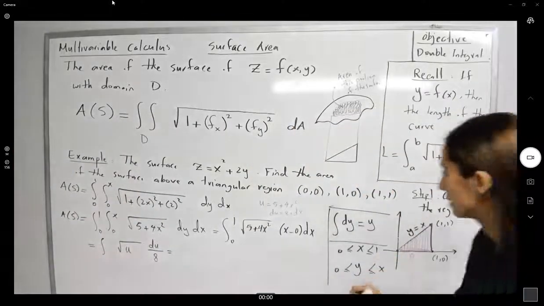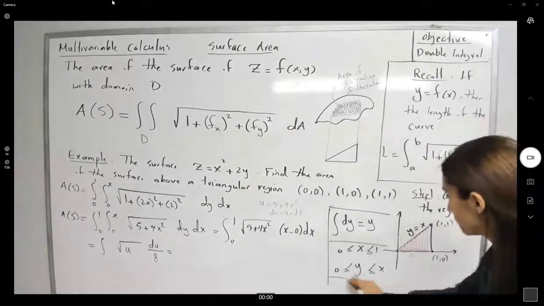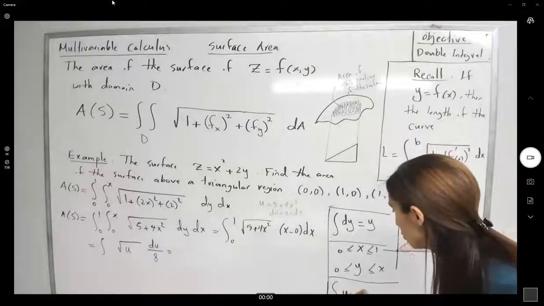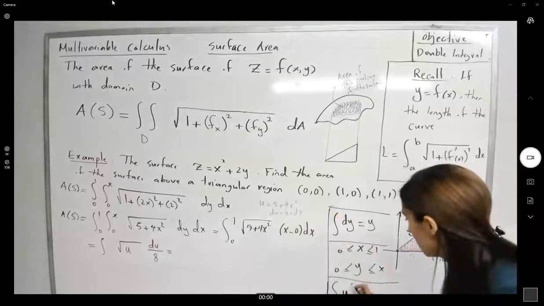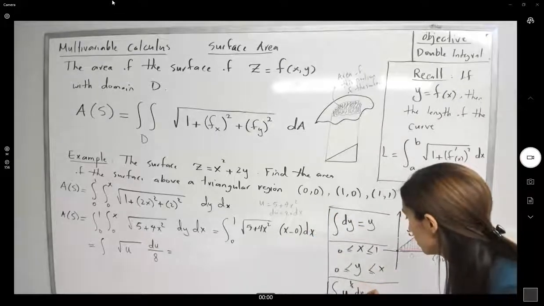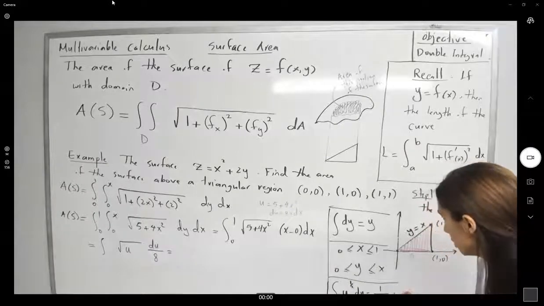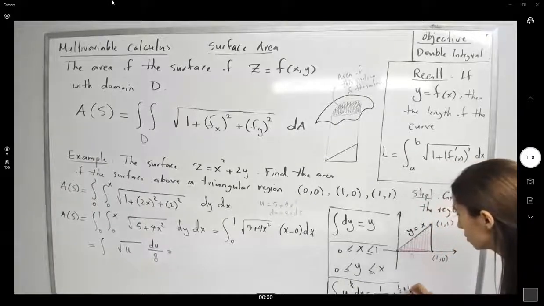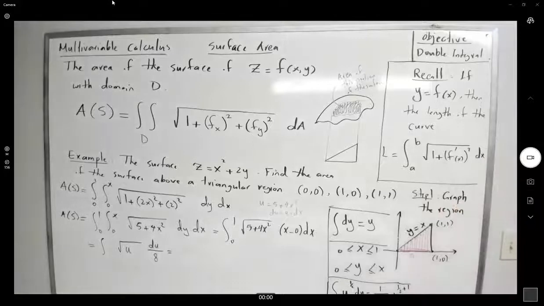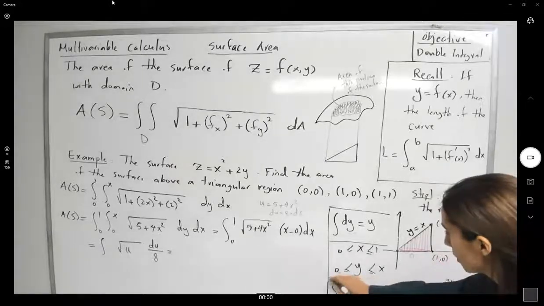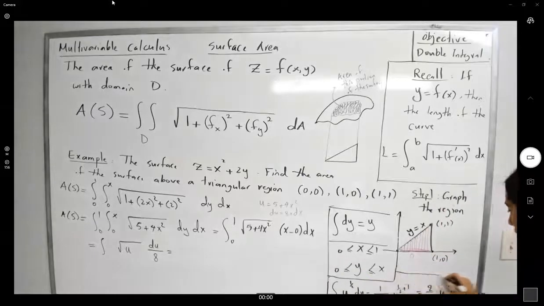Another thing you need to remember is that the integral of u to the power of a half du is 1 divided by a half plus 1, times u to the a half plus 1. So you're going to get 2/3 u to the 3/2. This is what we learned from elementary calculus.